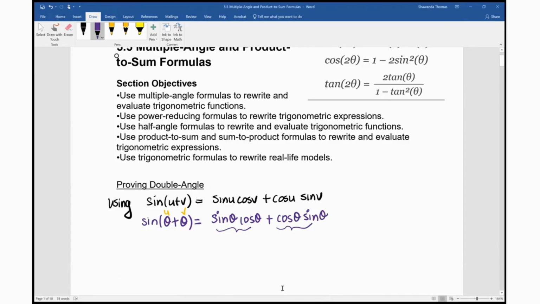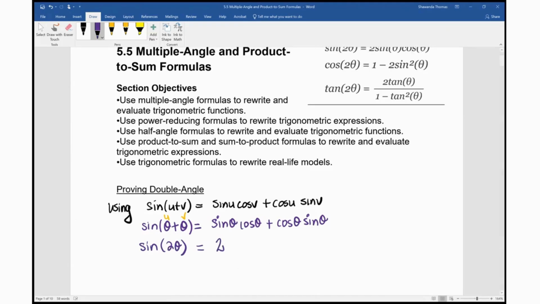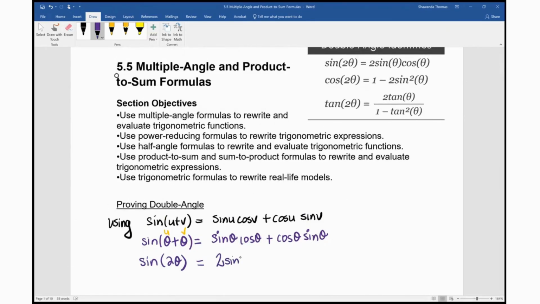They are exactly the same thing. So when we add this together, we get sine of 2 theta equals 2 sine theta cosine theta. And if you look back up, we just proved one of those identities.